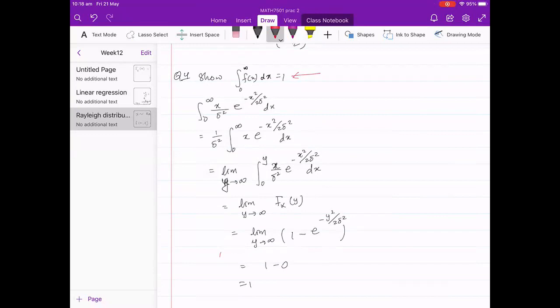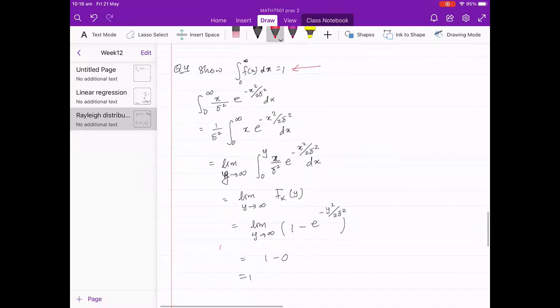Again, you would use a limit in this case, because we know that, let's say if the upper bound is y, in this case is from 0 to y, x divided by sigma squared. This part is the PDF. This is f of x and dx. From our first part, we know that from 0 to y, if you integrate the PDF, that's the CDF.